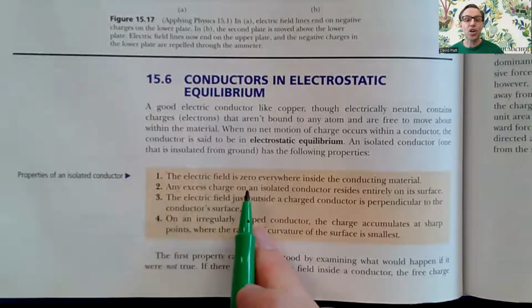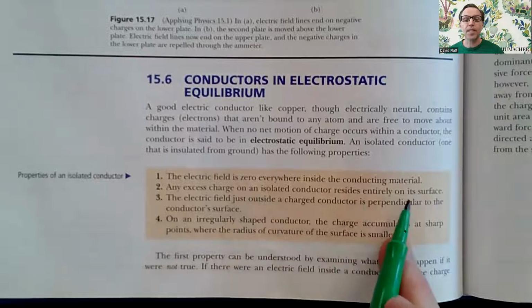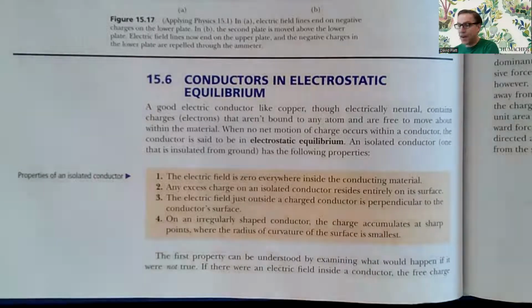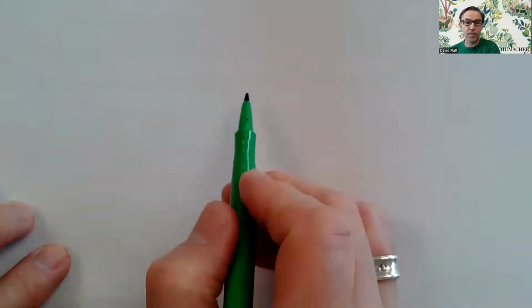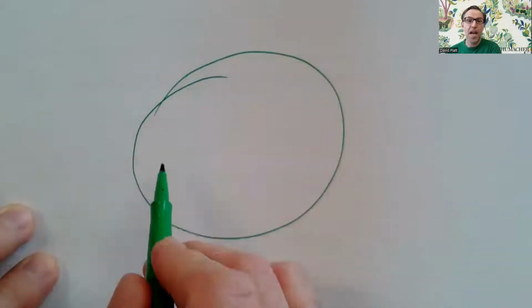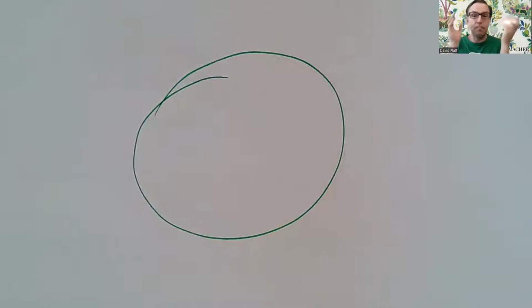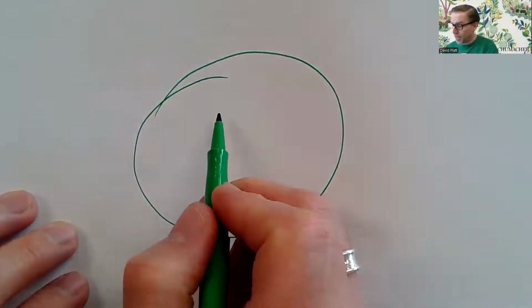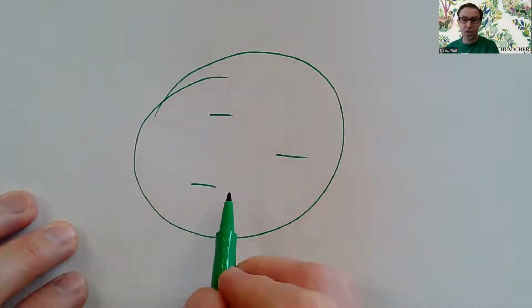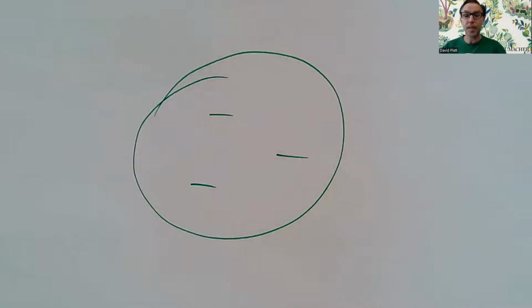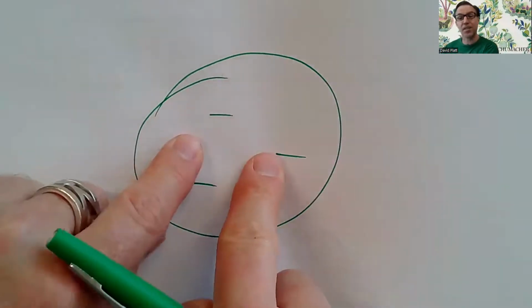Any excess charge resides entirely on its surface. So if I have a conductor, and of course the conductor is made of matter, there are billions and billions of charges all over it. But the plus charges and the minus charges cancel out, so we can think of it as neutral. If there's extra charge, if there's an extra 3 minus charges, they're not going to stick around here in the center.